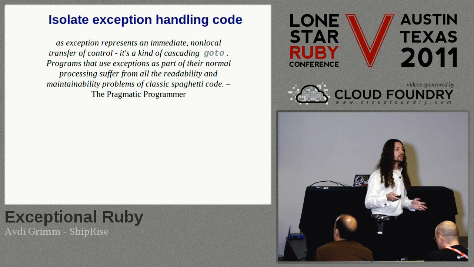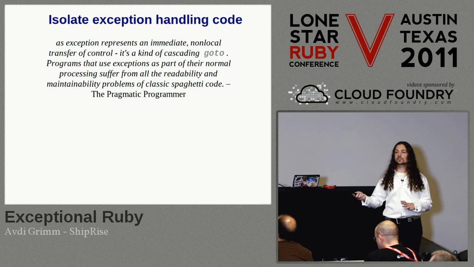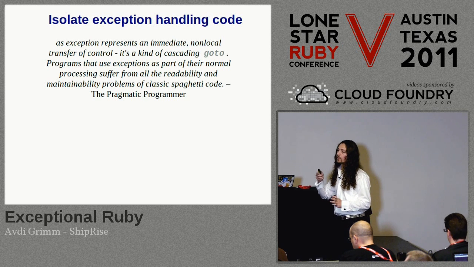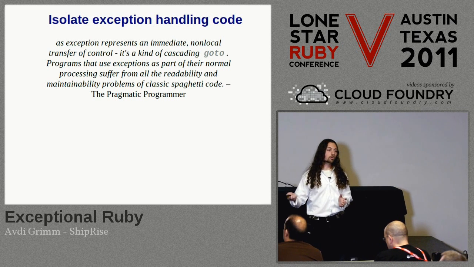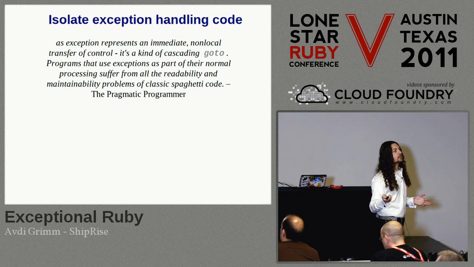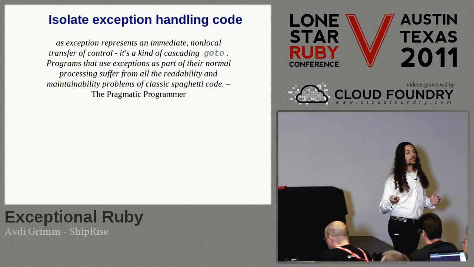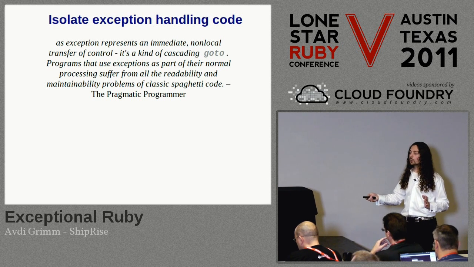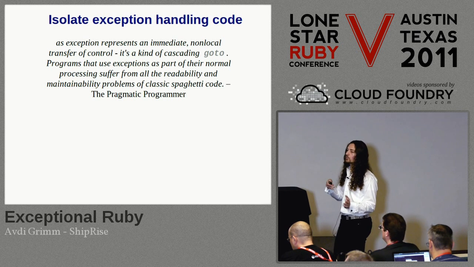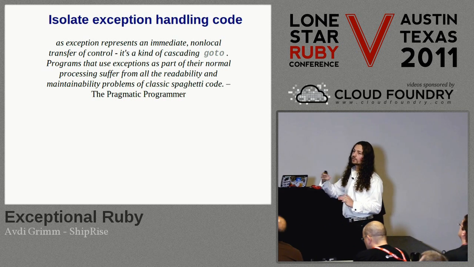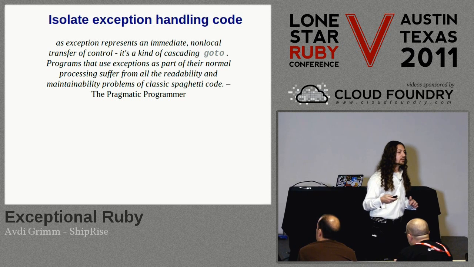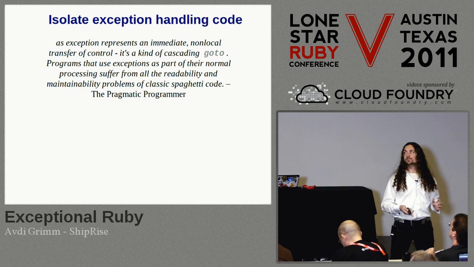Exception handling code is not part of the straight line business logic of your program, and it's often very distracting to have it interrupting your code here and there. And so I like to, as much as possible, isolate my exception handling code to its own methods.